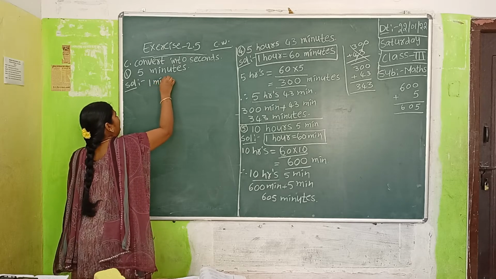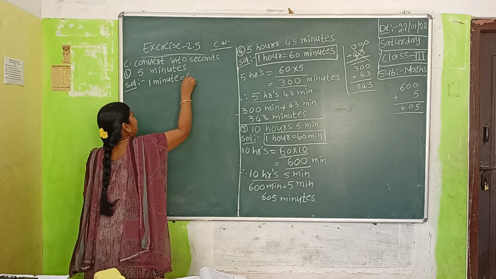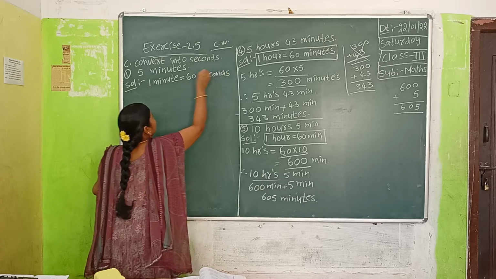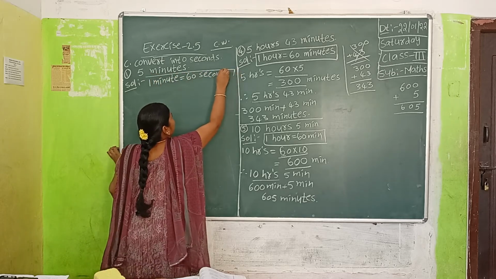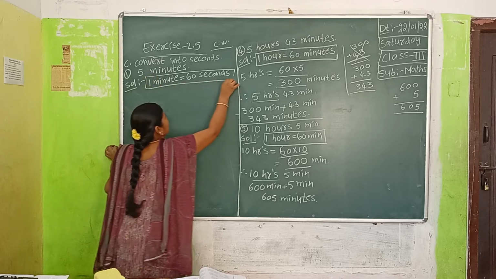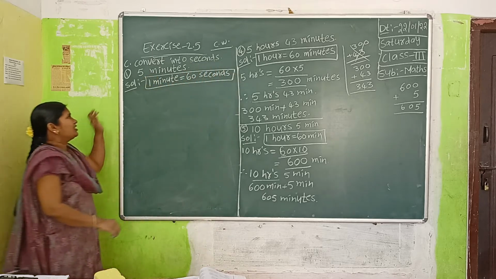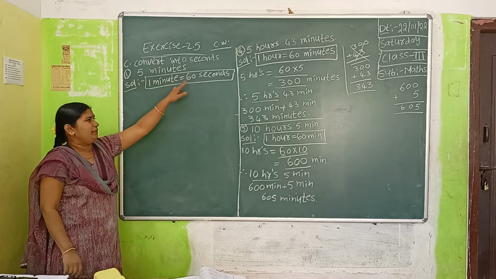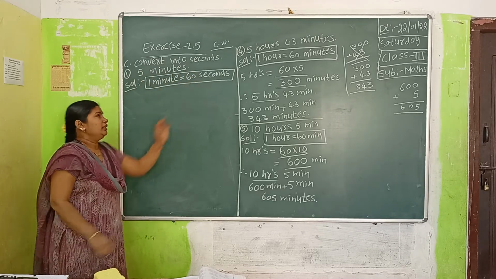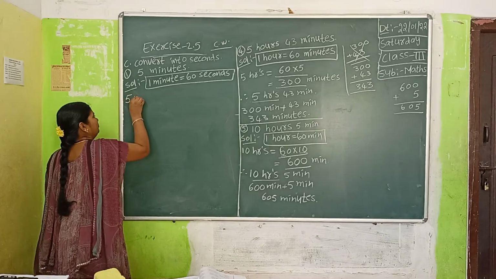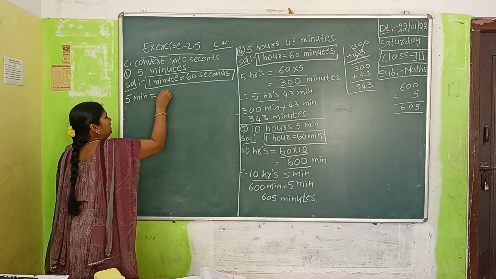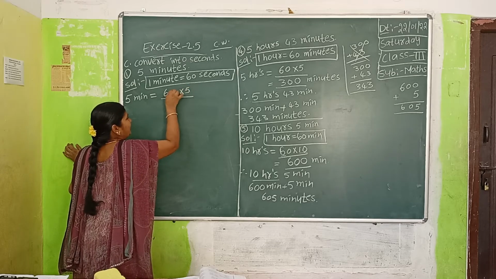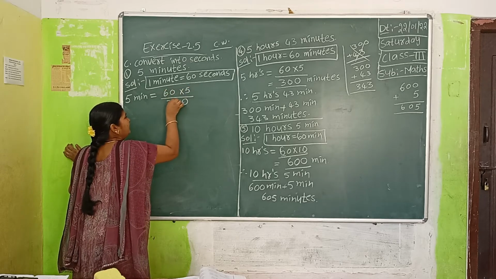Yes, 1 minute equal to 60 seconds. Already I gave all these formulas in the before class only. Daily read the formulas so you get answers easily. Now 5 minutes converting to seconds means 5 multiplied by 60. Then you are getting the answer. 5 minutes equal to 60 into 5. 5 into 0, 0. 5 sixes are 30.